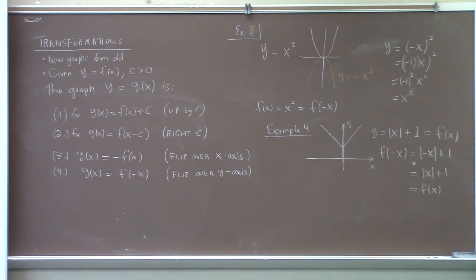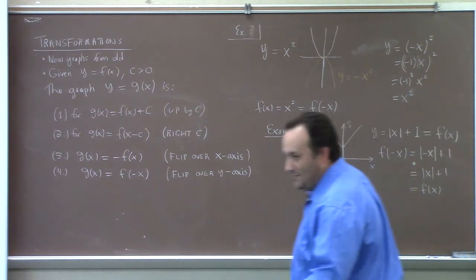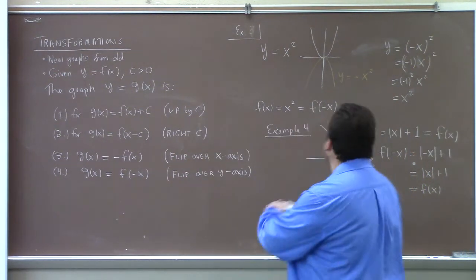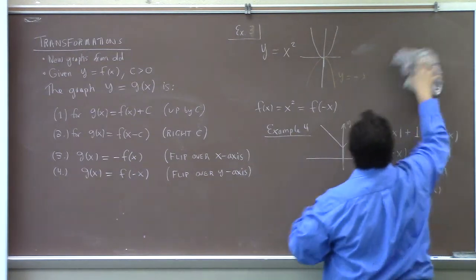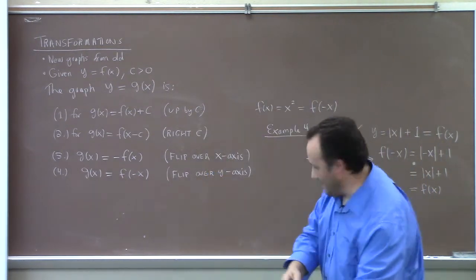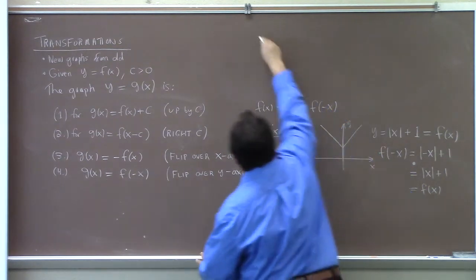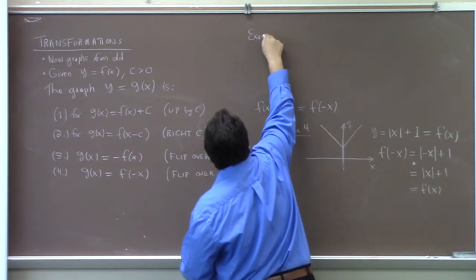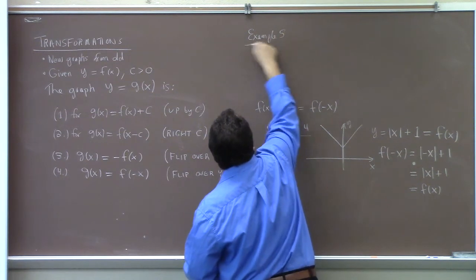All right, let's see if maybe example 5 will go better. Let's see if I can finally find my way to a function which is not even. How about this?